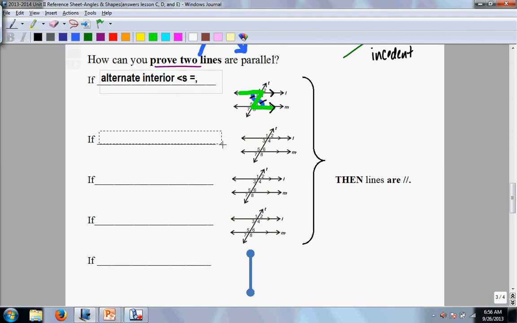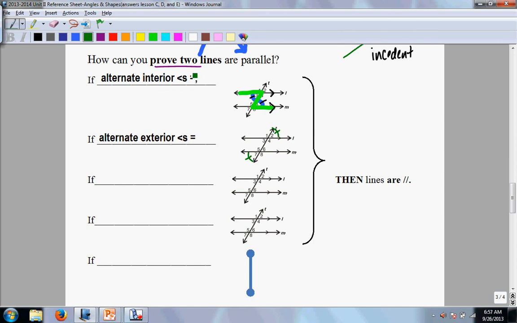Second one is if alternate exterior angles are congruent. That would be like angles 2 and 7.